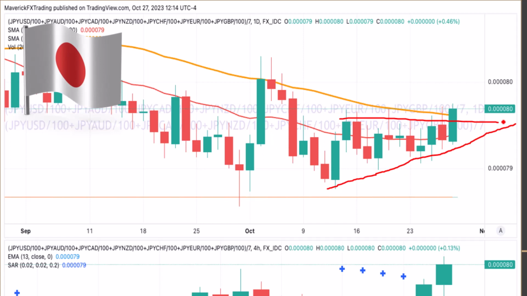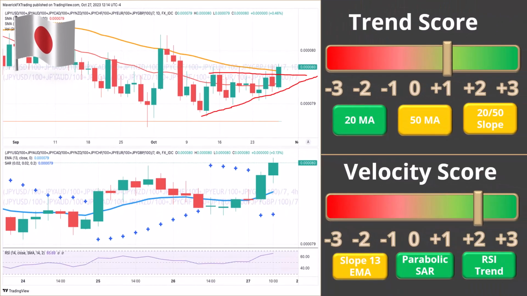Can the Bank of Japan accelerate this move higher or roll it over? I think we have to wait till Monday night. But right now, at this point, I think this could go either way. The score system has now come to a +1, and we have a velocity there. So I think we want to be cautiously bullish on the yen, but I'm not willing to jump on a bearish setup yet until we go through Monday night with the Bank of Japan.